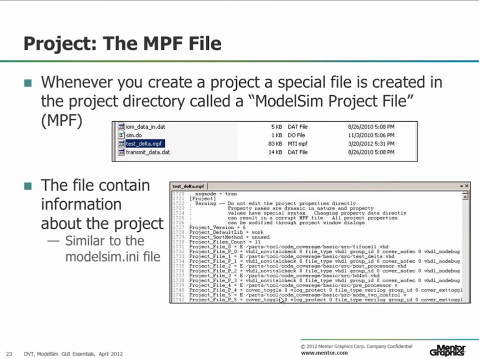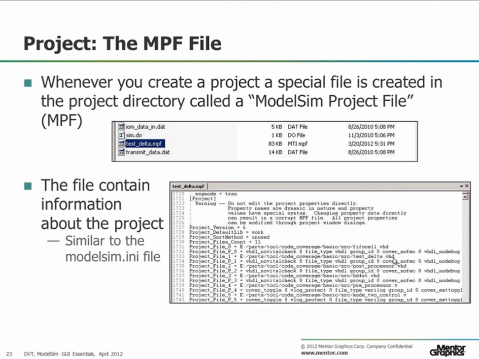So basically what it does is it takes the ModelSim INI file, which is a bunch of the configuration stuff for ModelSim, copies all that to the top, and then at the bottom it puts in this area all about projects. And it puts in where all the source files are, what the state of they are.